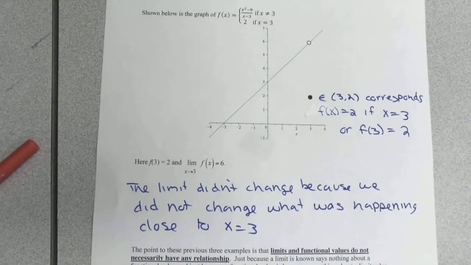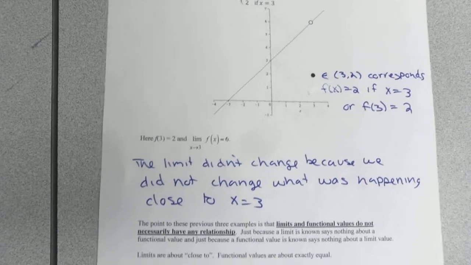Limits are about close to. And in none of these examples did I change what was happening close to 3. I only changed each time what was happening exactly at 3. So each time the functional value, which is exact, changed, but the limit didn't.